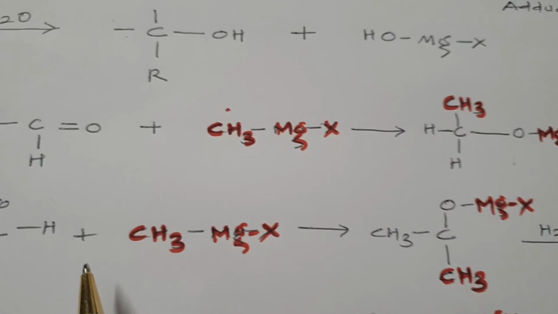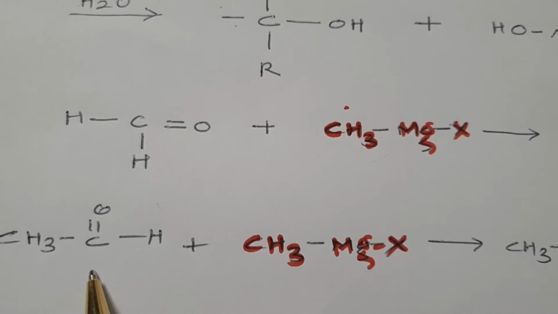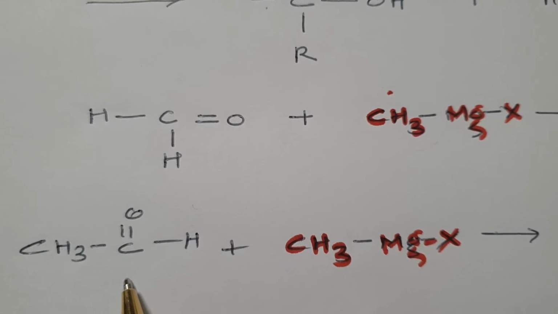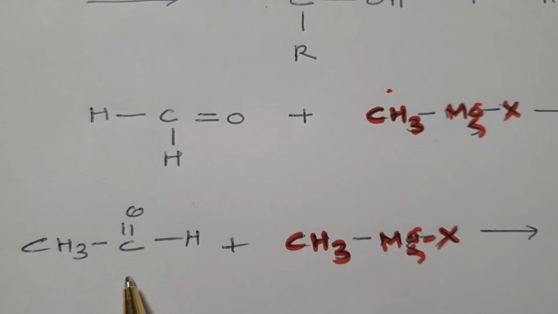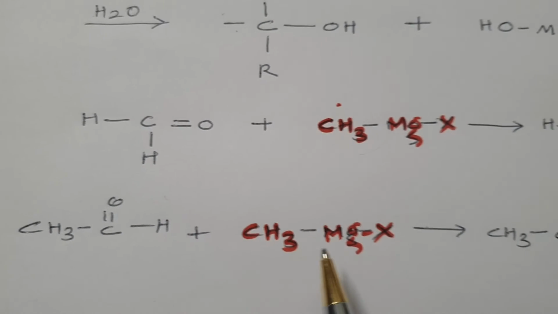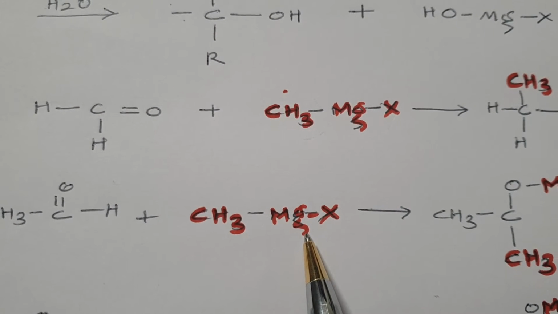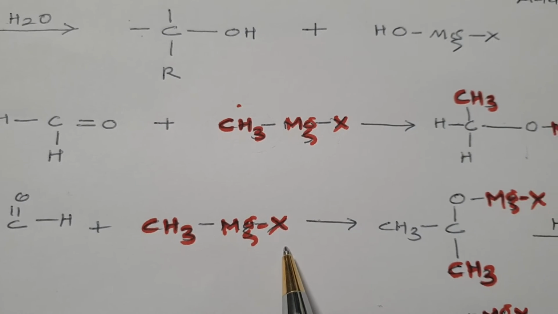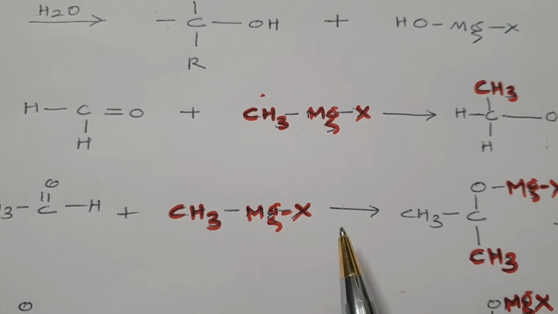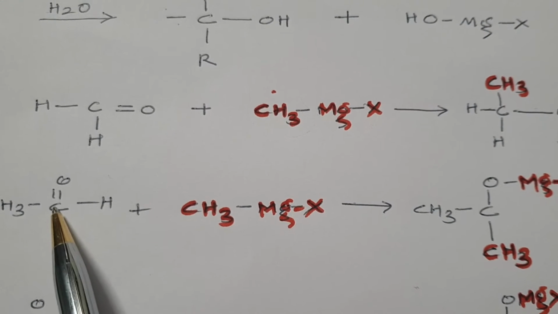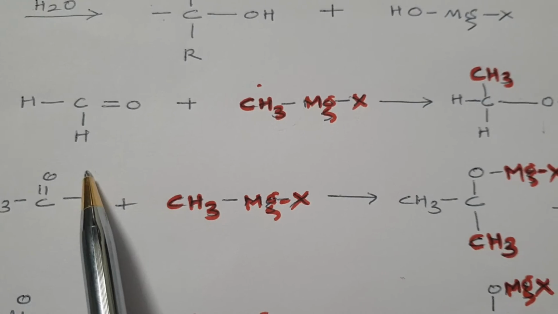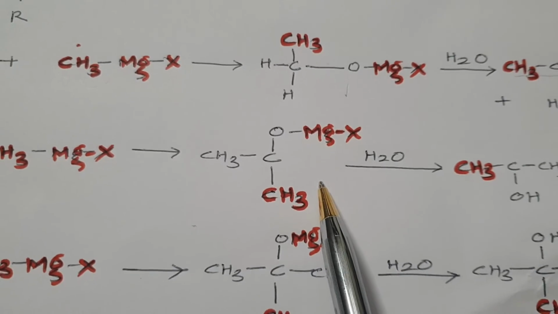Let's see few more examples. Here we have the second aldehyde, and that is ethanal. To ethanal we are carrying out addition of a Grignard reagent, that is again methyl magnesium halide. Same way, methyl group adds to the carbon atom, magnesium halide to that of the oxygen, giving us an adduct.